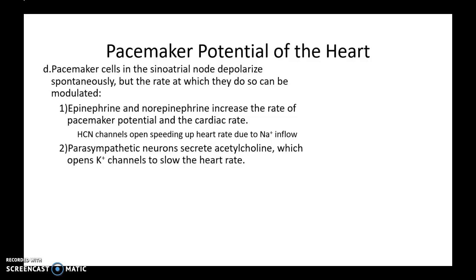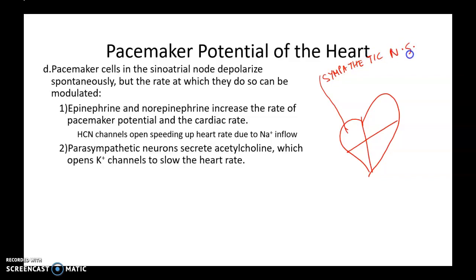So let's say this is your heart, and it gets innervated by the sympathetic nervous system, and as the sympathetic nervous system innervates the heart, it results in increasing heart rate and increasing heartbeat.